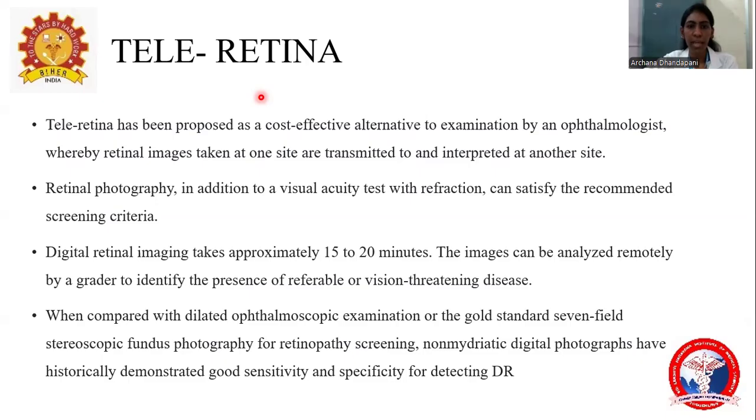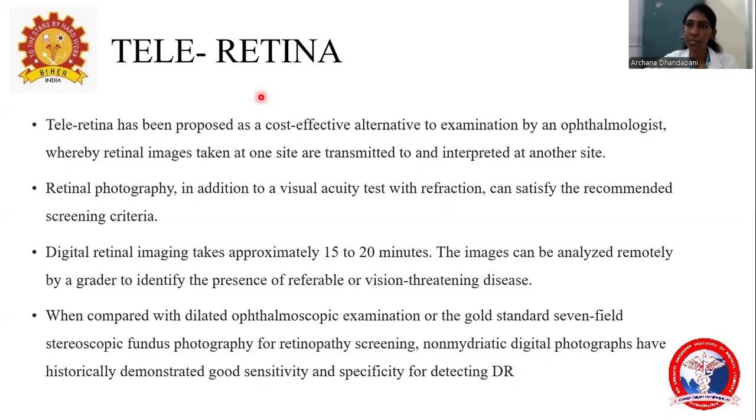When compared with dilated ophthalmoscopic examination or the gold standard 7-field stereoscopic fundus photographs, the non-mydriatic digital photographs have historically demonstrated good sensitivity and specificity for detecting diabetic retinopathy. It is mostly used in case of rural population where the patients do not have accessibility to the fundus camera.